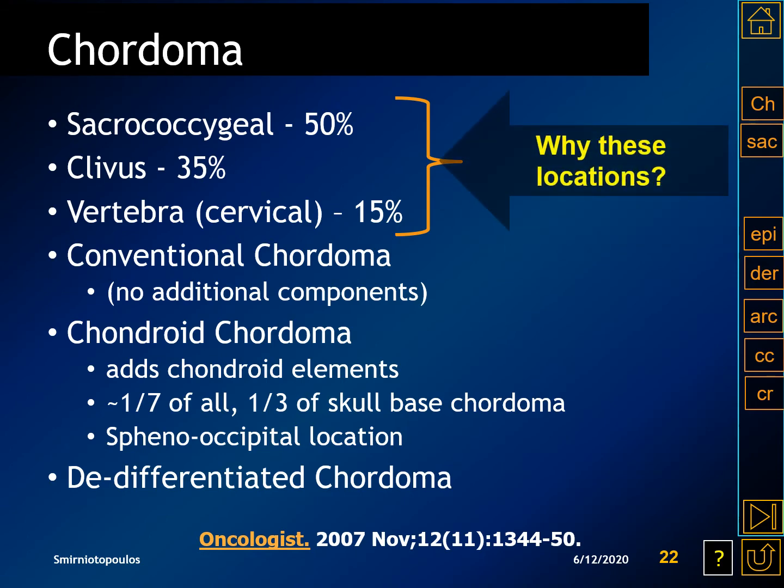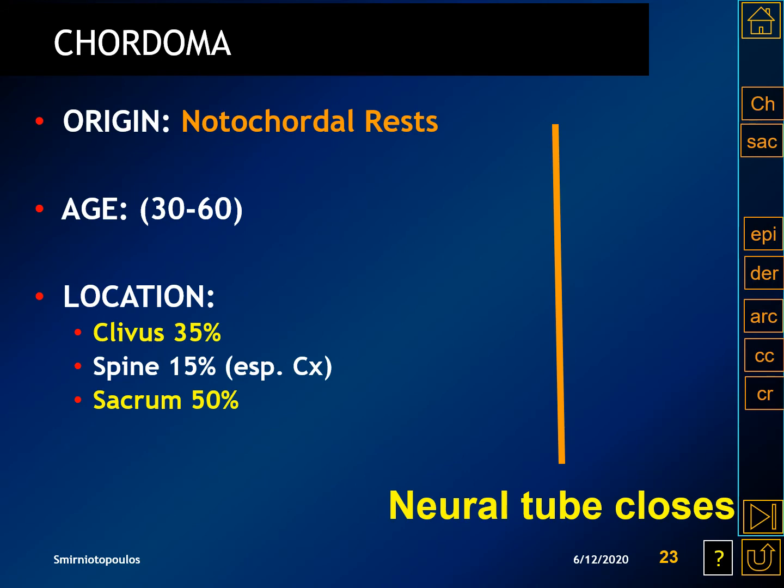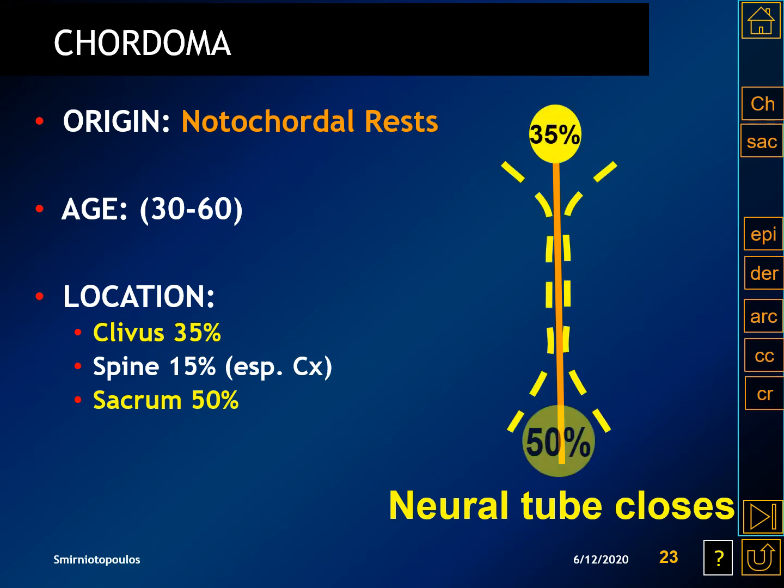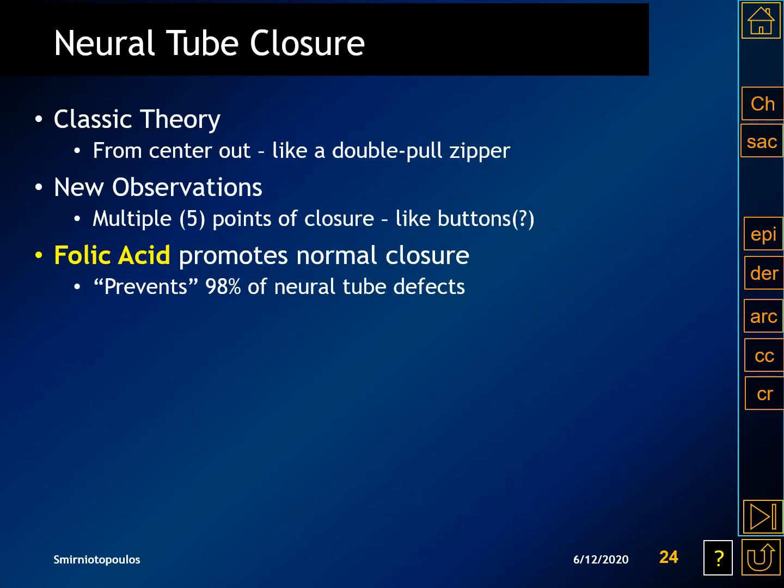Why do they occur at the ends of the neuraxis? There are several explanations, most of which go back to the notion of all the other abnormalities that occur in relationship to neural tube closure defects. I think we've all learned that the neural tube closes like a double pull zipper, extending from the middle of the thoracic spine upwards and downwards, but this in fact is actually incorrect.